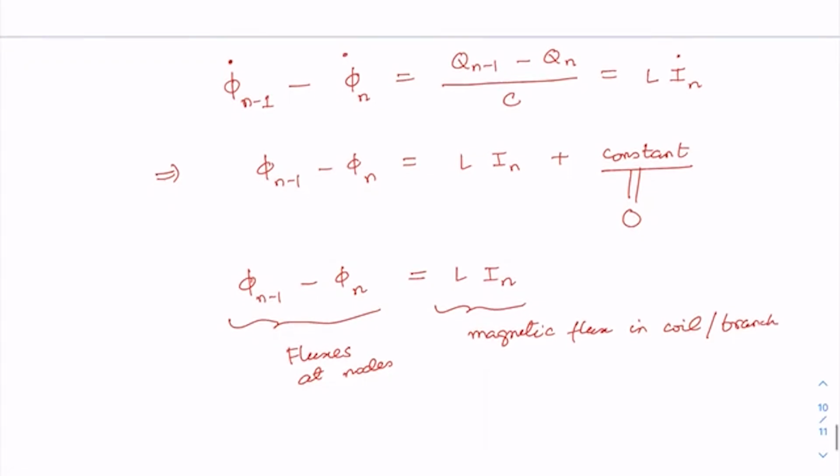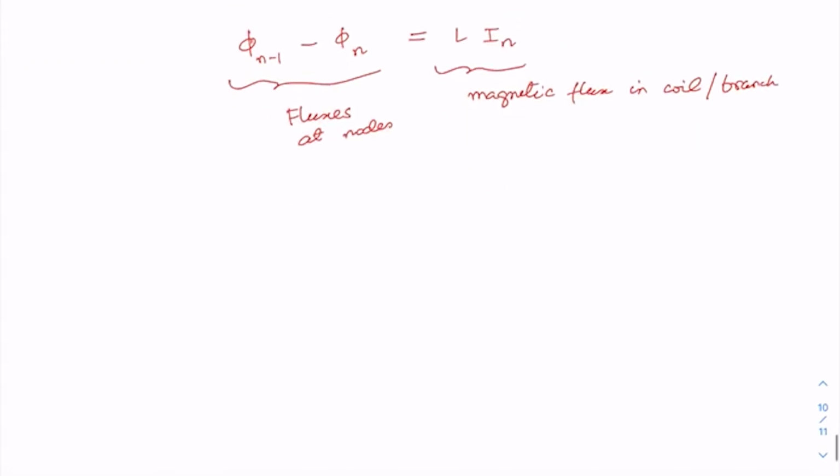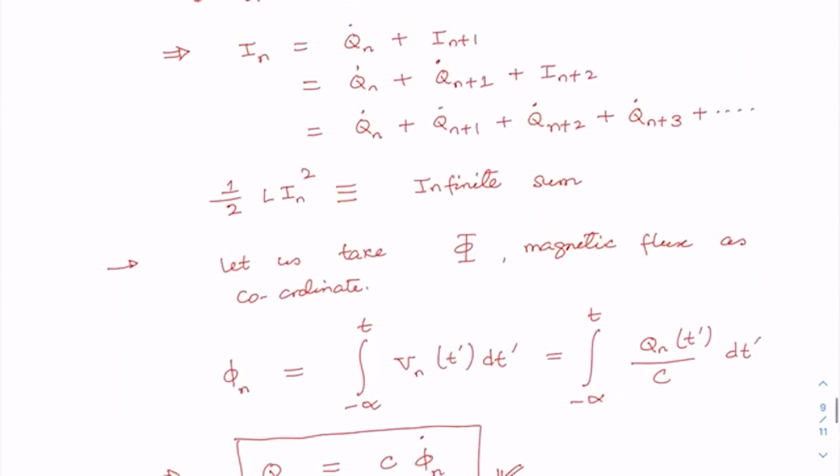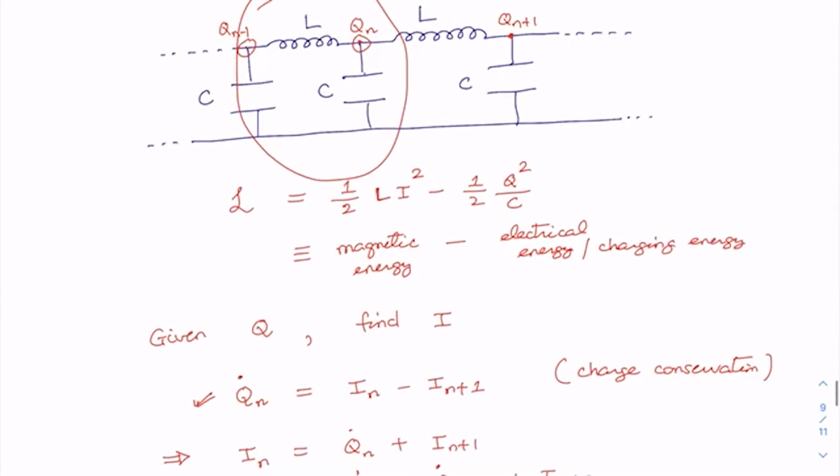Now we can write down the Lagrangian for the full transmission line. Because now I have taken the magnetic flux as my coordinate, the first term would be the electrical energy. Just remember that when I took charge as my coordinate, I got the magnetic energy as the first term and the electrical energy as the second term.